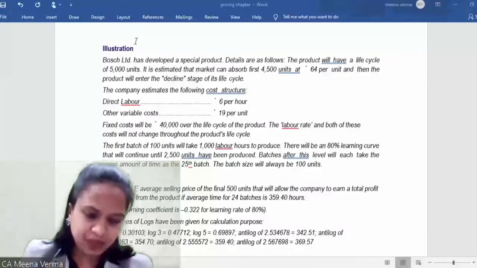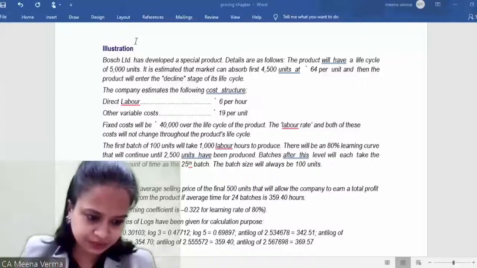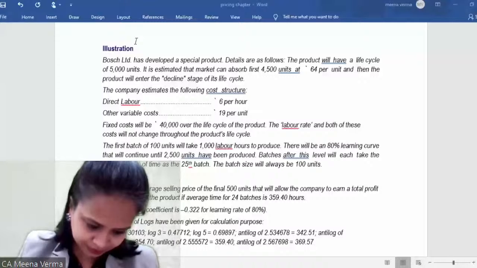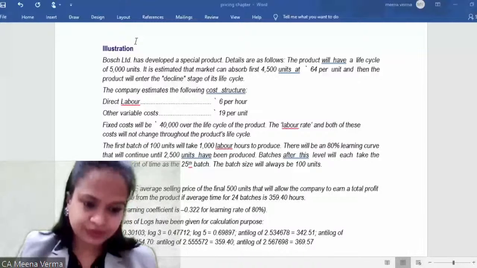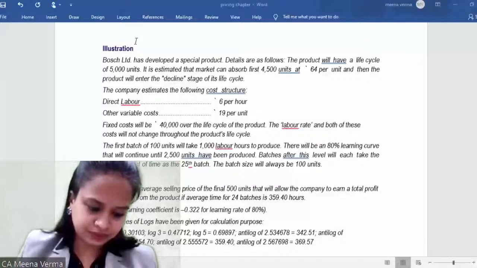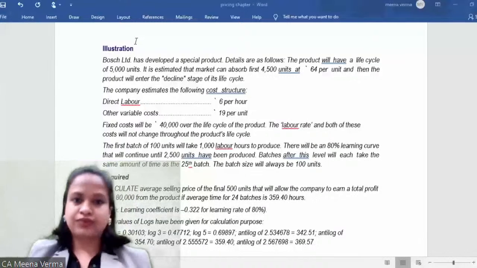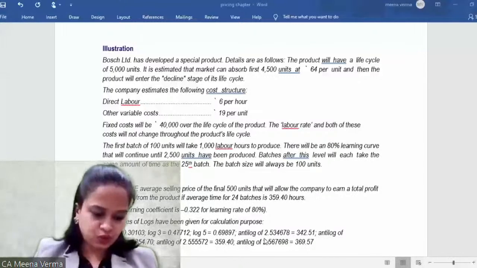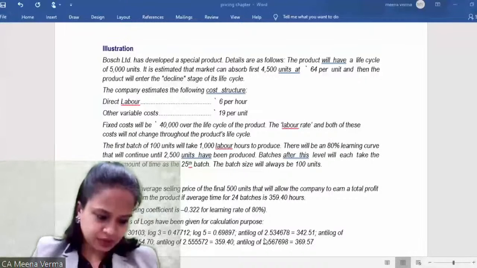And in between, if you have any query, you can ask me. Quickly read this question. Actually we have two more questions to discuss. I want to discuss two more questions, so please read it quickly so that we can discuss more questions.